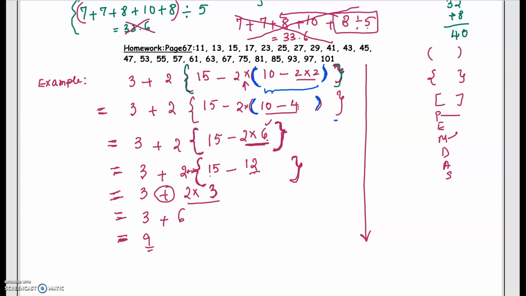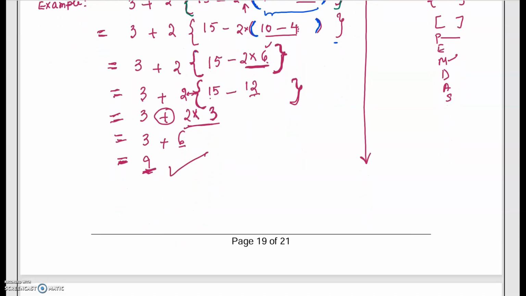And between the 3 and the 2 is a multiplication that's understood. Next we do multiplication before addition, always multiplication before addition. So that is 3 plus 2 times 3 is 6, 3 plus 6 is 9, and that's the answer. It's so easy to check. If you write everything down, you can check your answer.